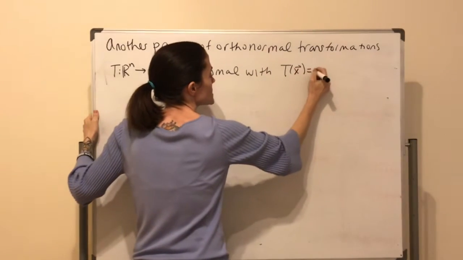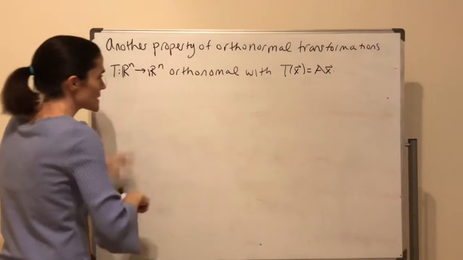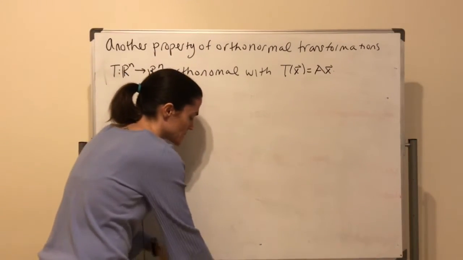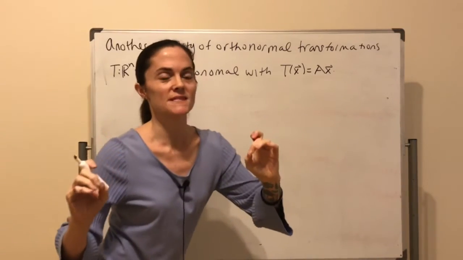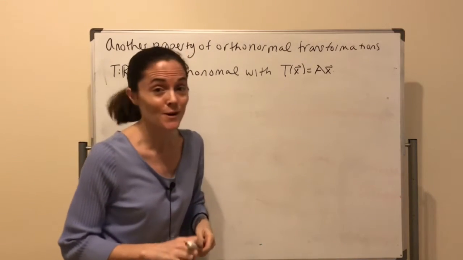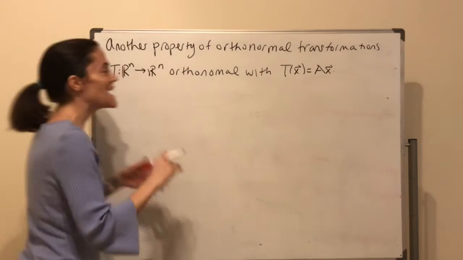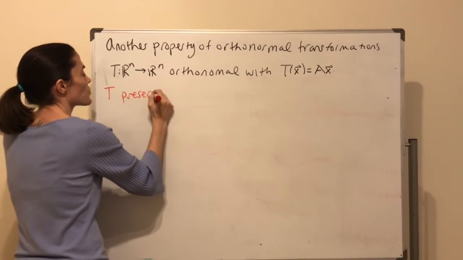T of x is A times x. Okay, so what I want to say, and I'll write it in words and then I'll state it, is that we talked about T preserves lengths. In fact, that's the definition of T being an orthogonal transformation. What I'm going to say now is T preserves dot product.